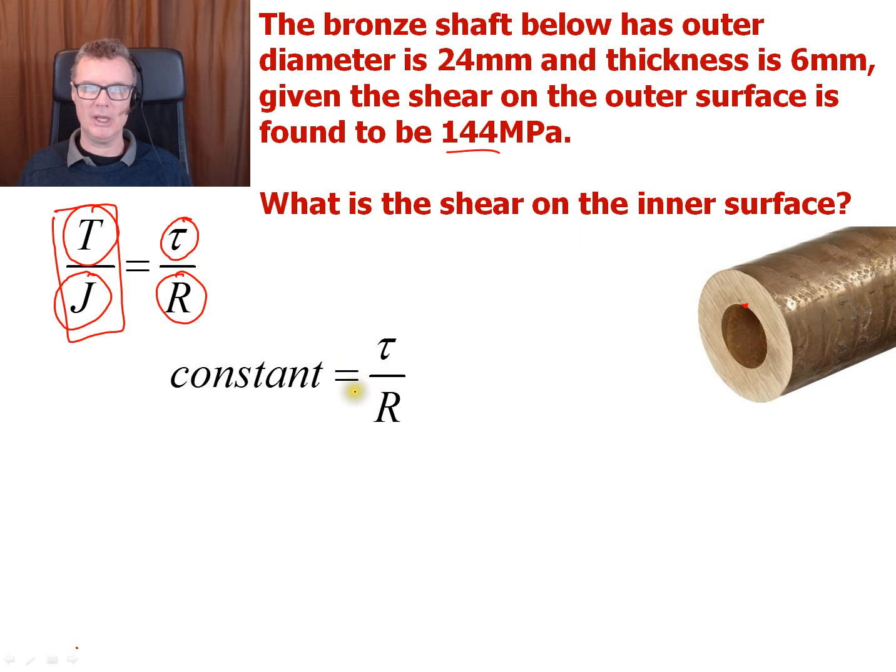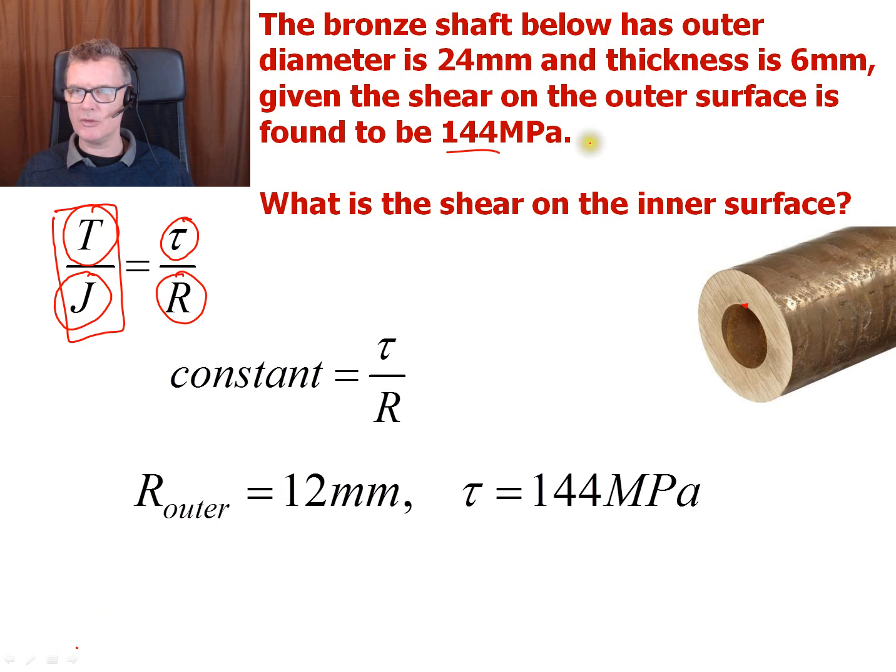Well, it will be relative to the position R. So we've gone from 12 millimeters and we're dropping to this position here. So what would that be? 12 take away 6, that would be 6 millimeters.